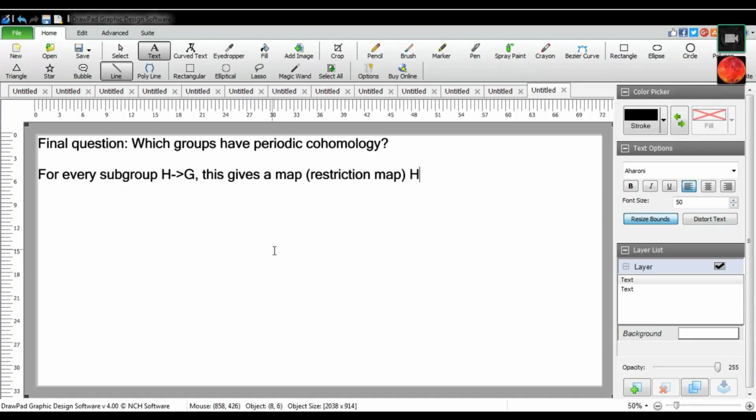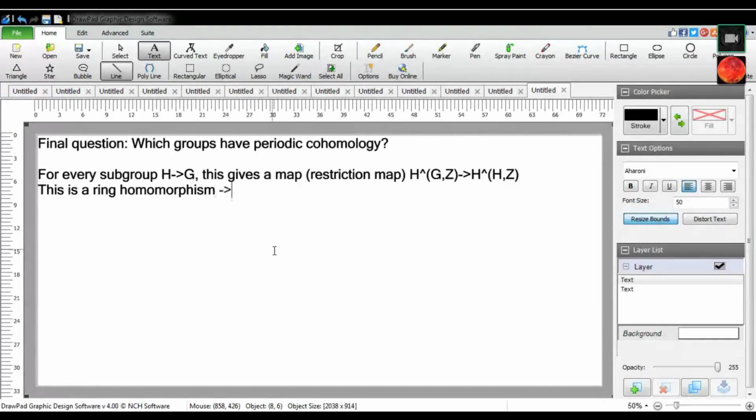So it goes from Tate cohomology of G into Tate cohomology of H. And this is a ring homomorphism, where you consider the Tate cohomology with the cup product as a ring.